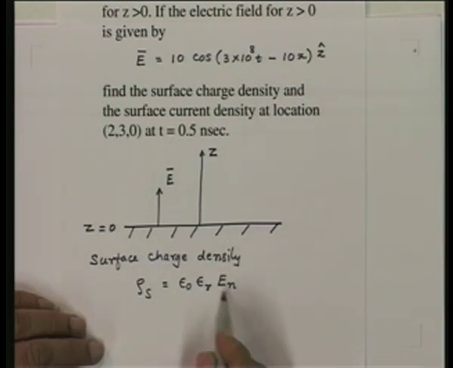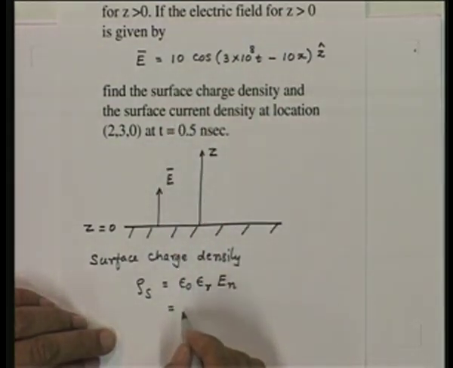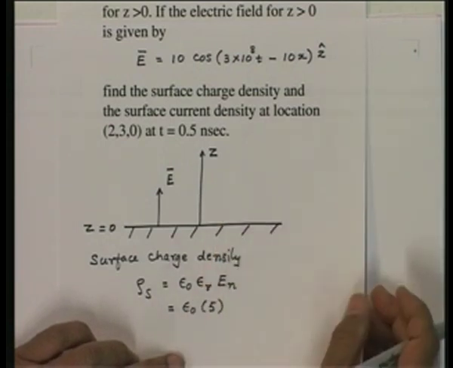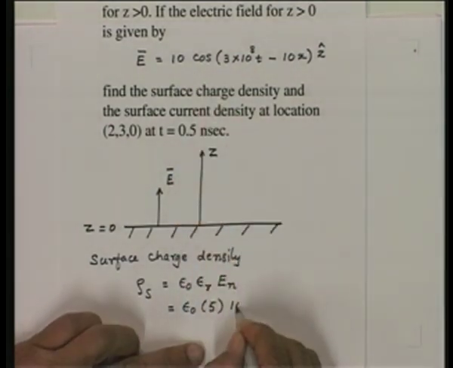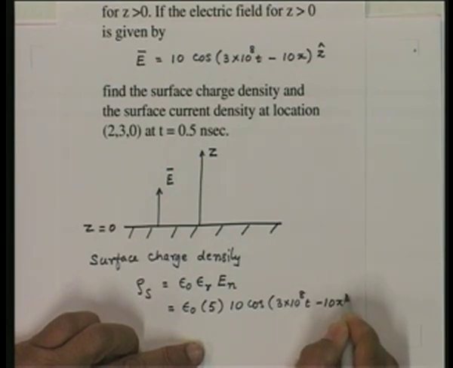So if I substitute now En, which is same as this quantity E, then I get epsilon 0, epsilon r is given as 5, so this is 5, into the electric field which is 10 cos of 3 into 10 to the power 8 t minus 10x.